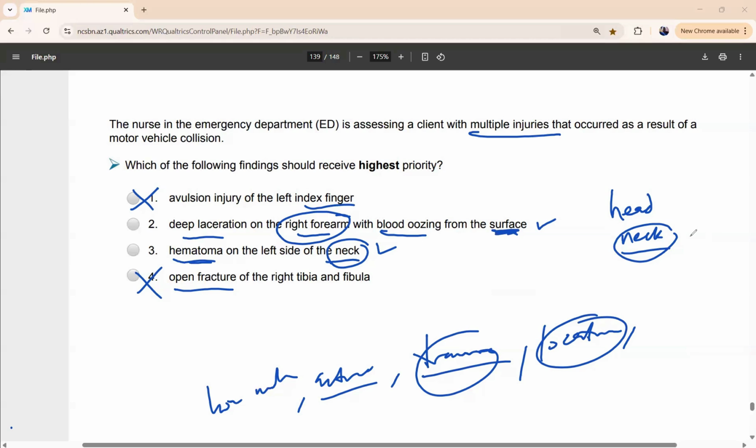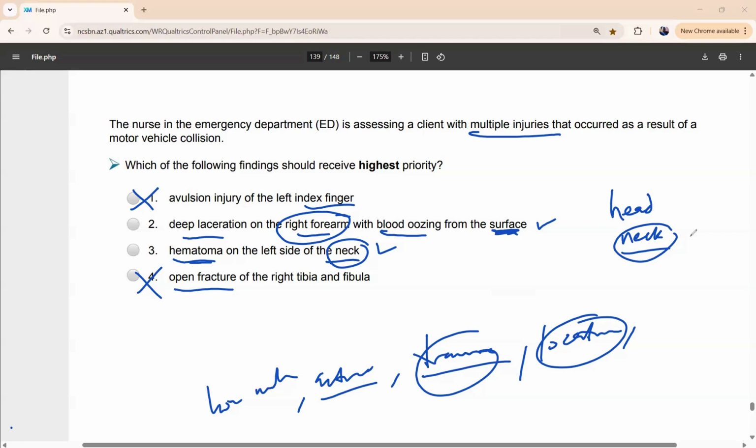It's a priority. So now the question is saying a patient is having bleeding related to the neck. That is airway. So neck bleeding and forearm bleeding, which one are you going to prioritize? Neck, of course. Obviously. So you can see how we answered the question. The question was not related to what the patient is experiencing, but how threatening those situations can be.